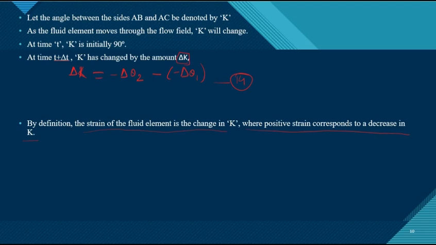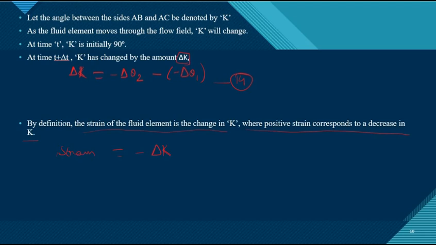That is, the angle between the two initially perpendicular lines of the fluid element is decreasing, correct? So we can write strain as minus delta K.